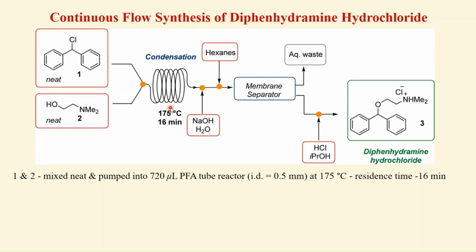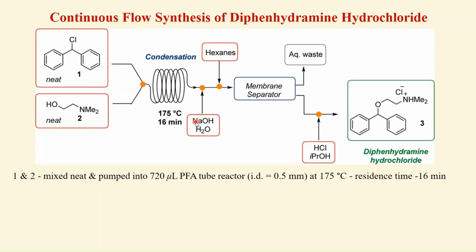PFA stands for perfluoroalkoxy, which is a Teflon reactor, a reactor made up of Teflon. Teflon has very high chemical resistance along with heat resistance, and it does not have sticking property. This makes it very much viable for the reactions to occur.